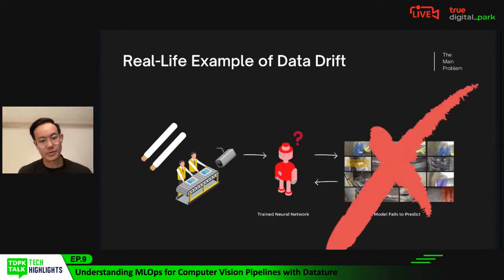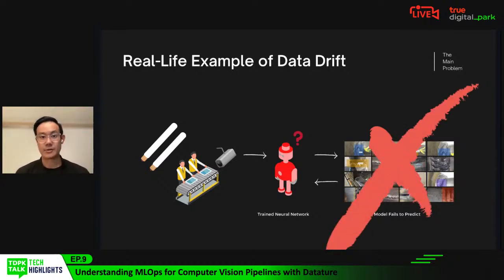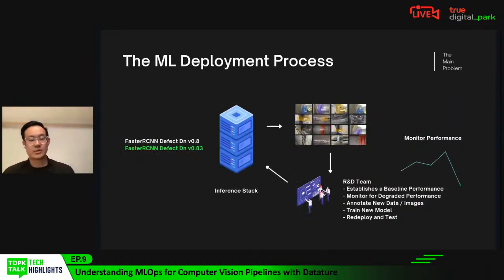Suddenly the model gets so confused because the underlying pixel values of the picture have changed, and the model just fails to predict. So this brings on a very important point about why managing different model statuses, different datasets, and model versioning is extremely important. Companies have now adapted to a new process. Remember the inference stack that we were talking about? Now companies choose to version it.